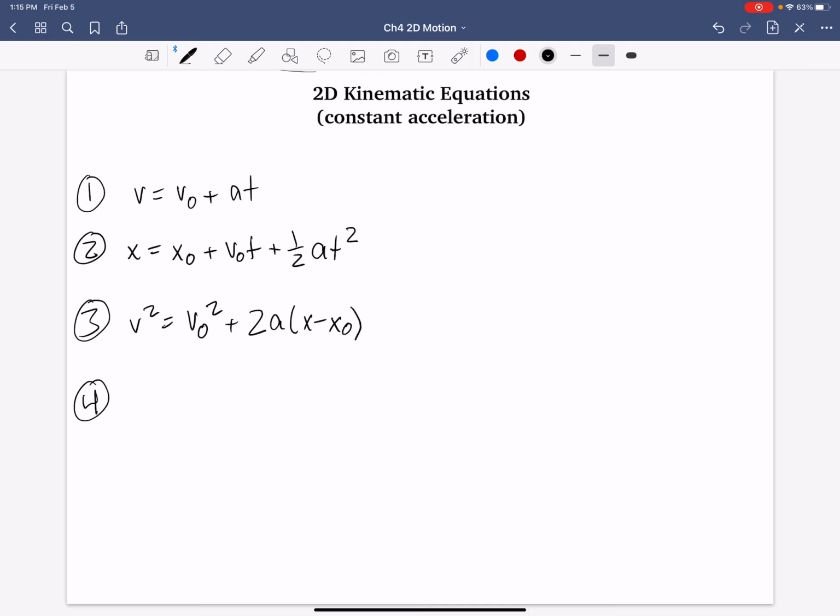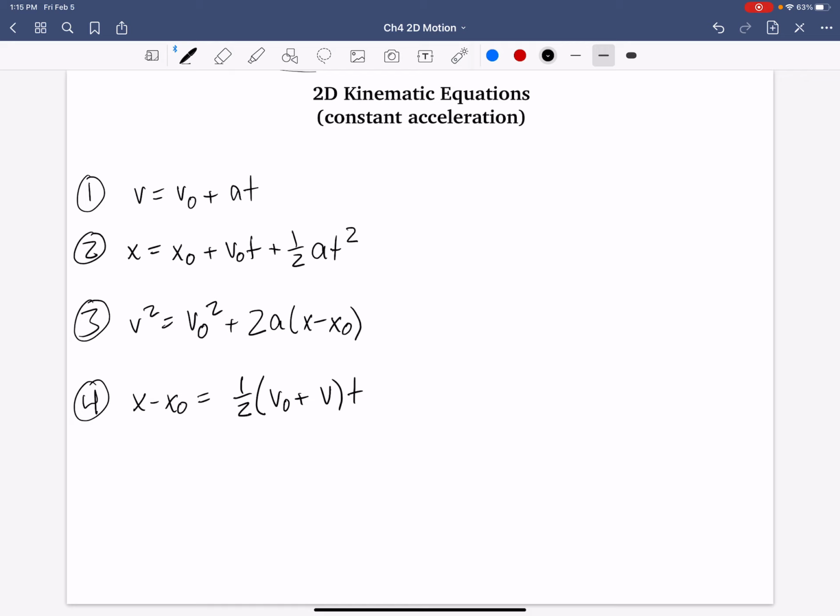The fourth one is the change in position, x minus x naught, equals 1/2 times the sum of the initial and final speeds times time.